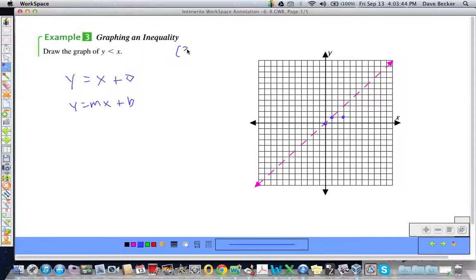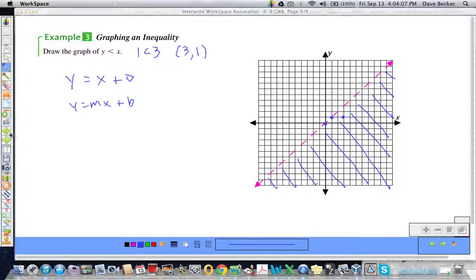So the y coordinate is 1, the x is 3. Is 1 less than 3? Replacing it here, the answer is yes. So this is on the correct side of the solution, so I'm going to shade everything on this side, indicating that these are all of the solutions.